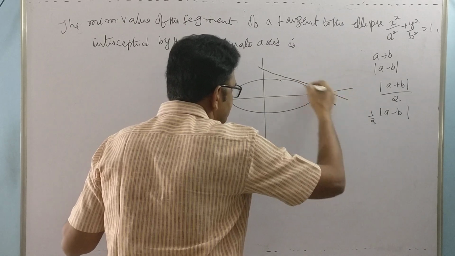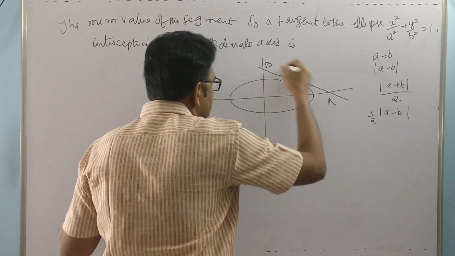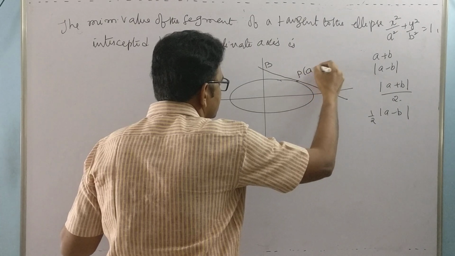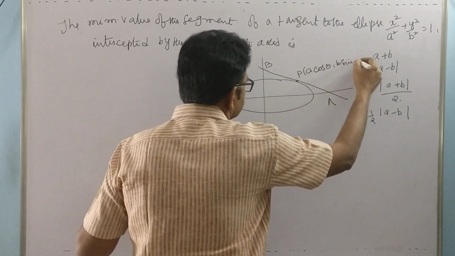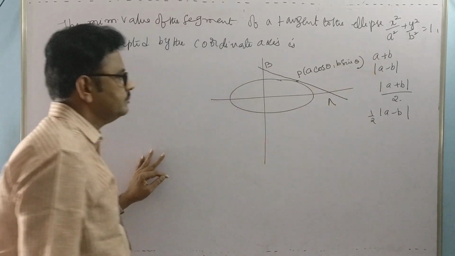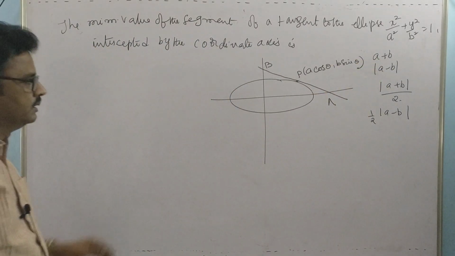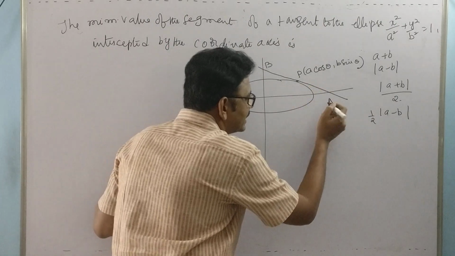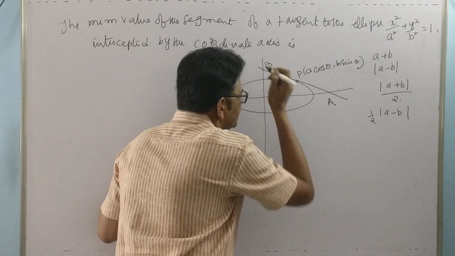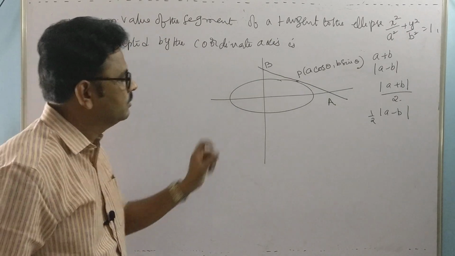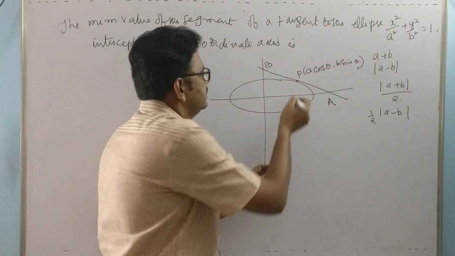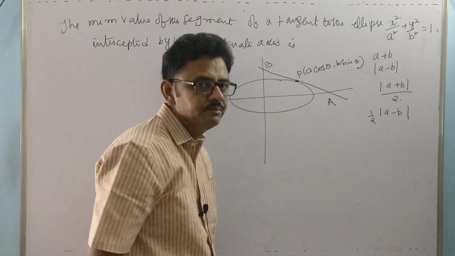So this is A, this is B. The point is P, a cos theta, comma b sin theta. Now the tangent at the point P cuts the coordinate axes at A and B. Now we have to find the minimum value of AB. So that is our question.